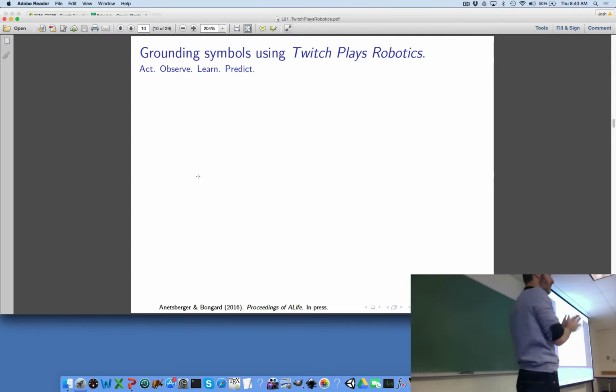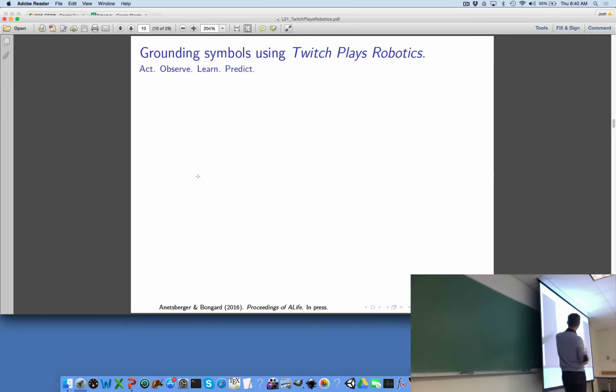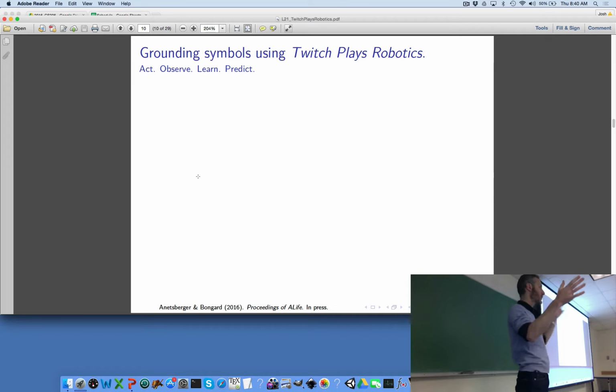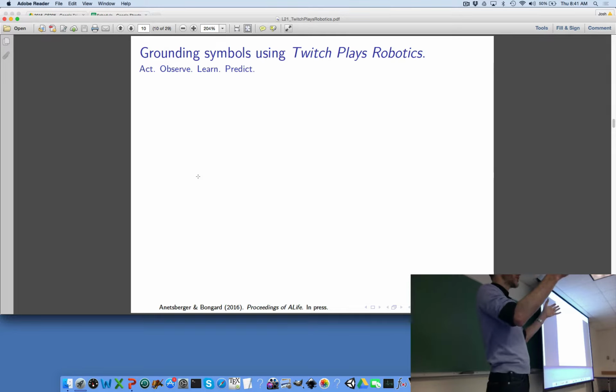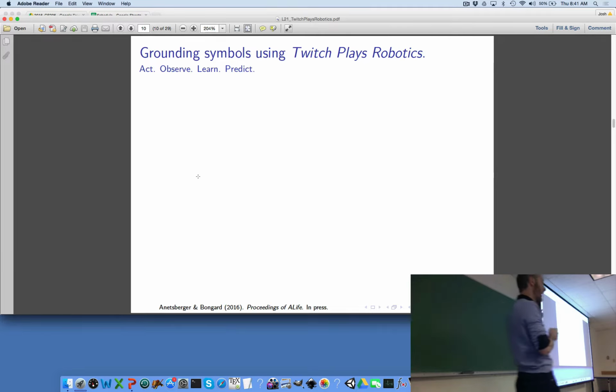We collect all of that information together and move on to phase 3, where now the robot is going to try and learn relationships between actions and reinforcement signals. So the idea is that for any given symbol, or in this project, any given command that has been issued by the crowd, we're going to consider that symbol to have been grounded if we can train a neural network that takes as input an action.